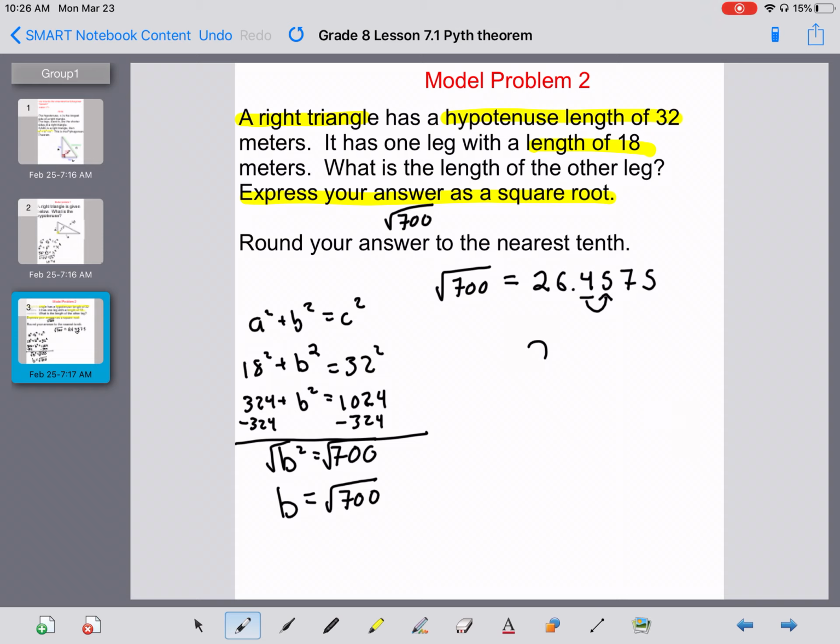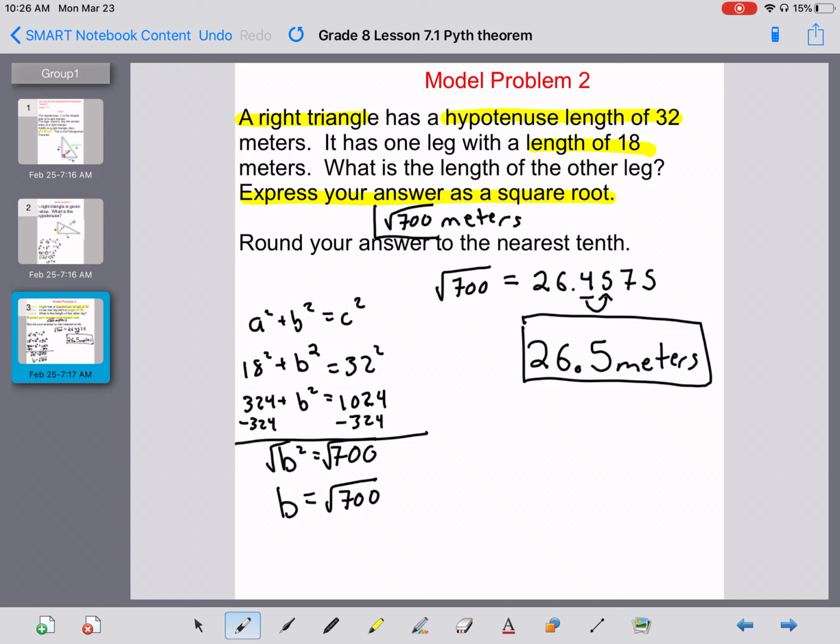After the 4 is a 5. So I can round that 4 up to a 5, and it'd be 26.5 meters. So that's my answer rounded to the nearest tenth, and square root of 700 is my answer written as a square root.